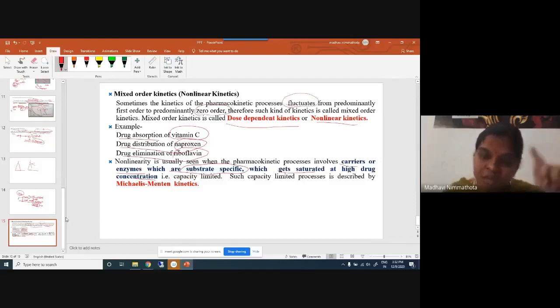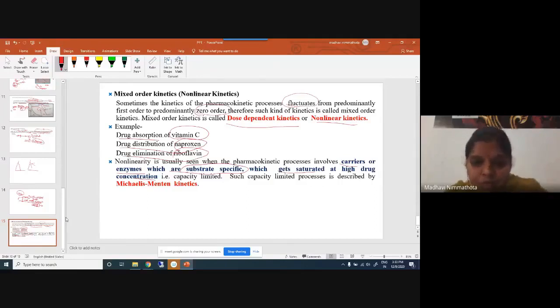Either it depends upon concentration or is independent of concentration, and then you can say it follows first or zero order. But some drugs will follow non-linear kinetics because those may get saturated at high drug concentrations, being substrate specific with either enzymes or carriers. So you cannot say that it follows first order or zero order.